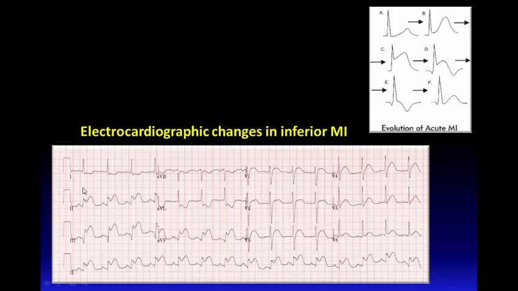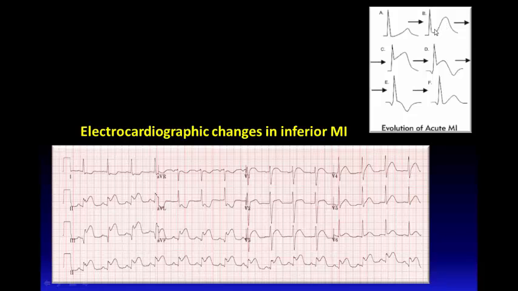And here we have the ECG findings of an inferior myocardial infarction, where the changes of myocardial infarction are seen in the inferior leads, in lead 2, lead 3, and AVF, and these changes are in the form of, initially, the T wave becomes a peaked T wave.